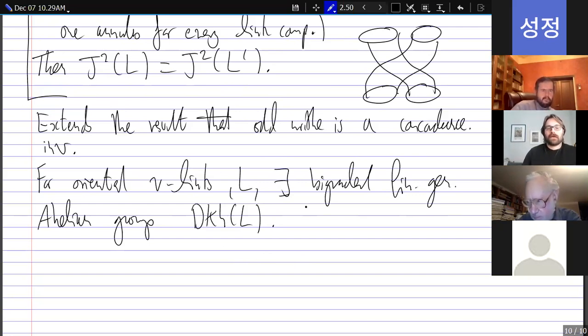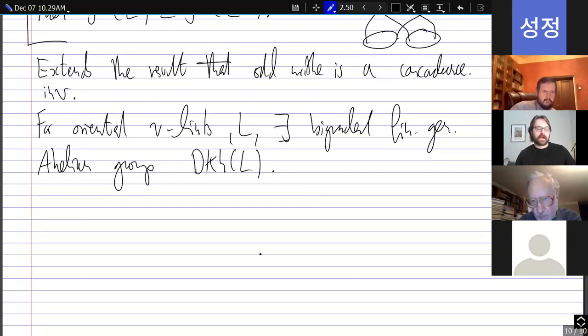And this is functorial with respect to link concordance, and there's still a lot of things that I don't know about this invariant that I'd like to know.